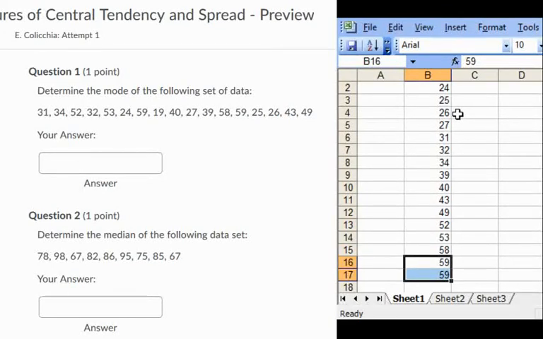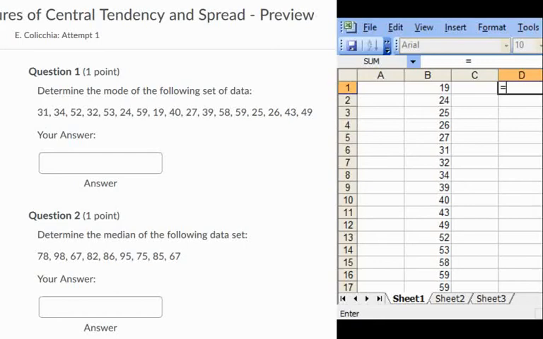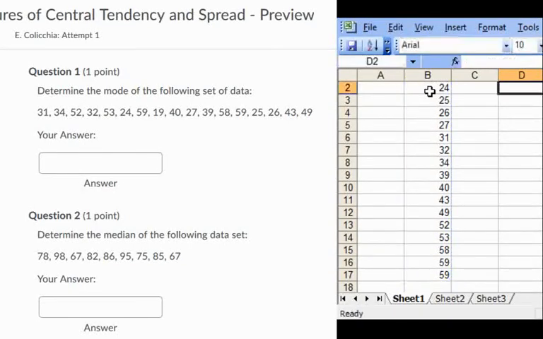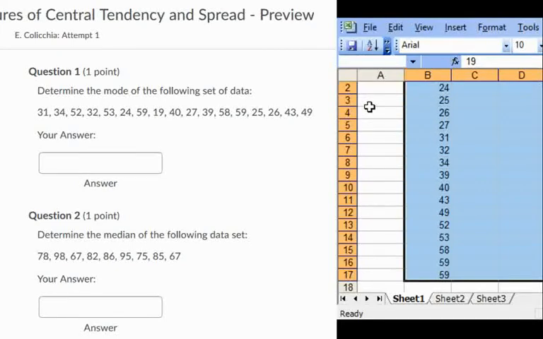And it looks like it's 59 in this case, which is why I wasn't able to spot it. So I have 59 occurring twice. Another way I could have done this: if you type in equals mode, and then you highlight all of the data and press enter, it will find the mode for you, 59, directly. So that's the mode for the first problem.